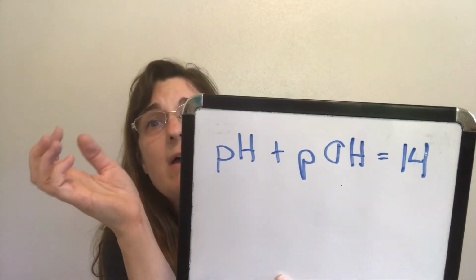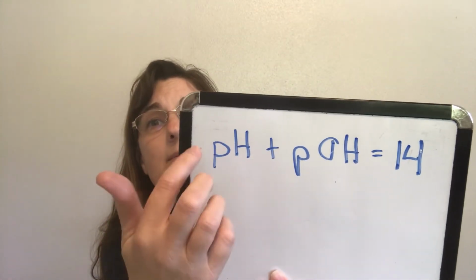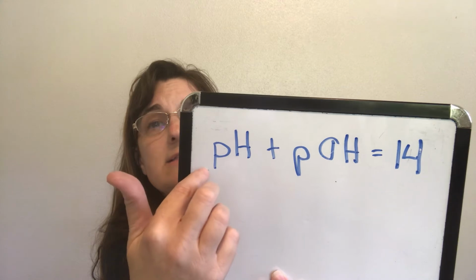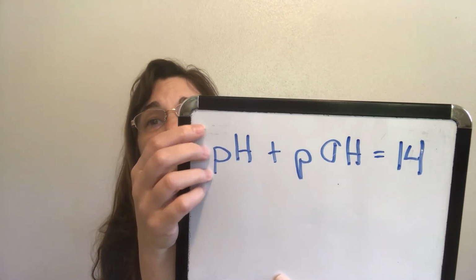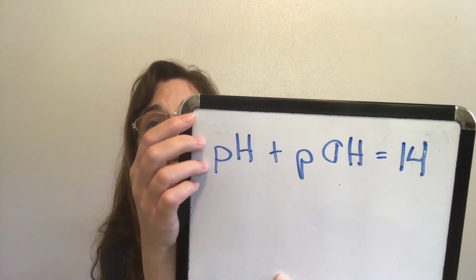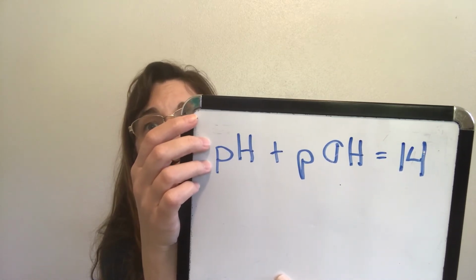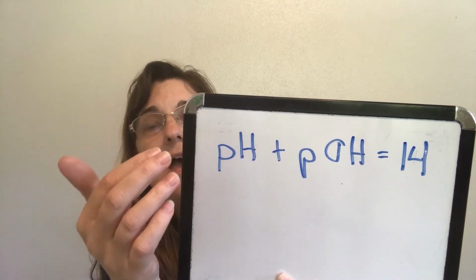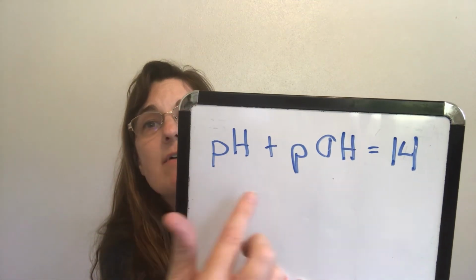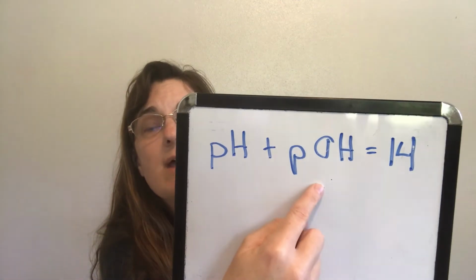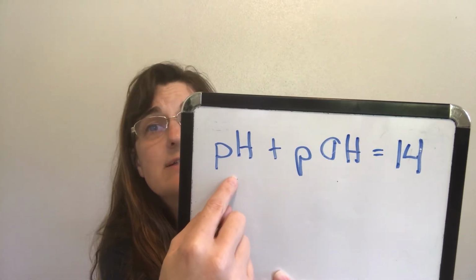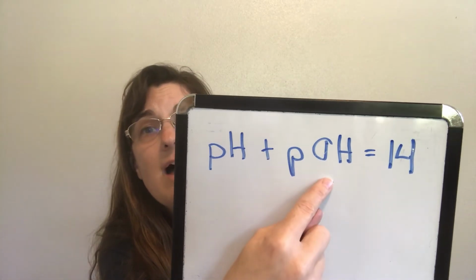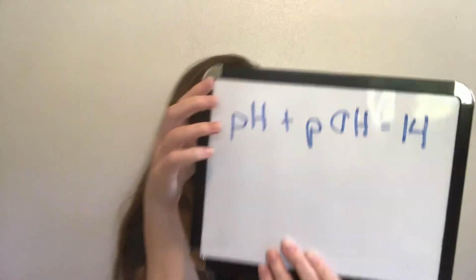And if you remember from other sections, acids have a low value for this, and bases are going to have a high value for the pH, like closer to 14. But whenever we have any solution, it can have both a pH and a pOH. And so if it's got a low value for the pH, it's going to have a high value for the pOH, so that they always equal 14.